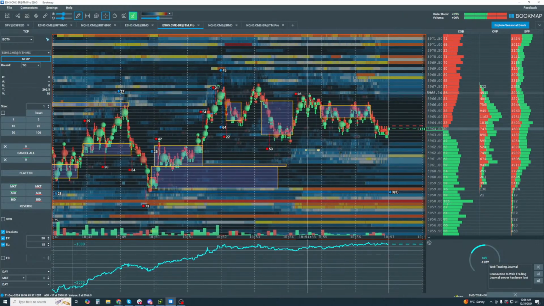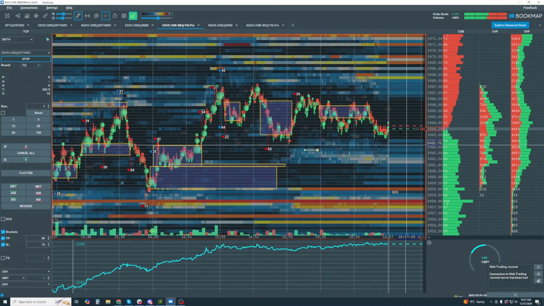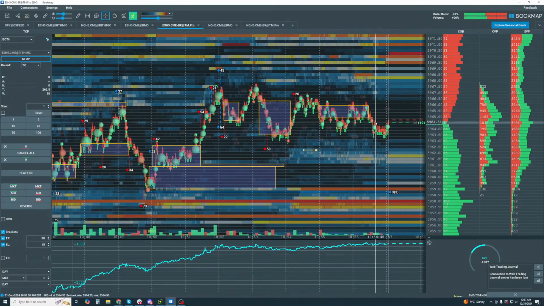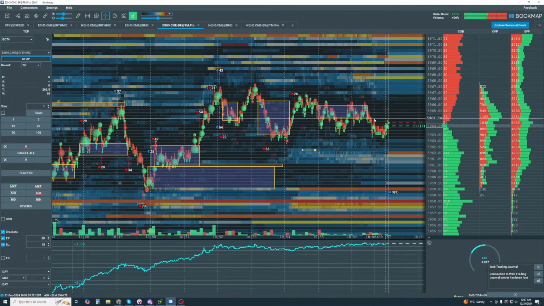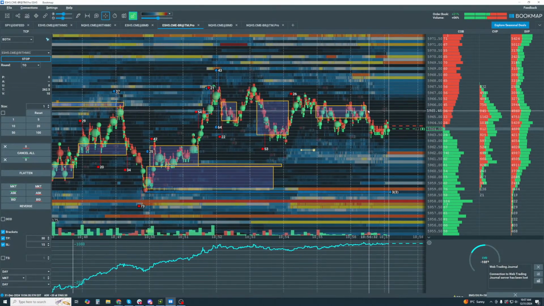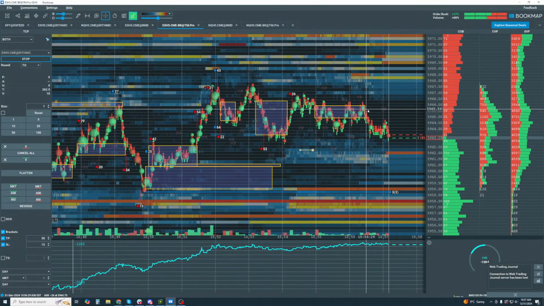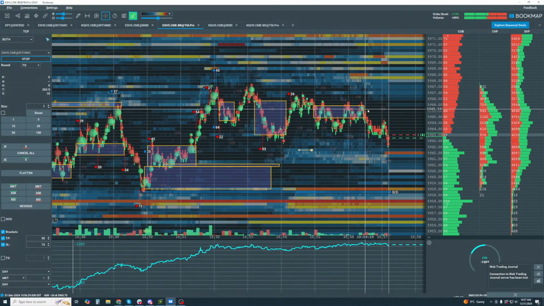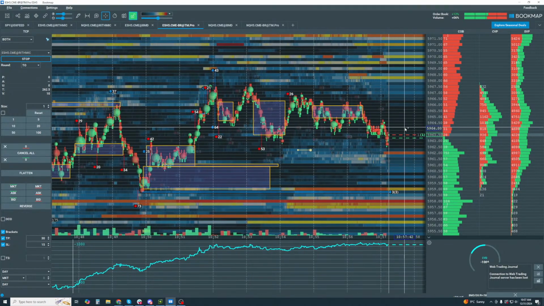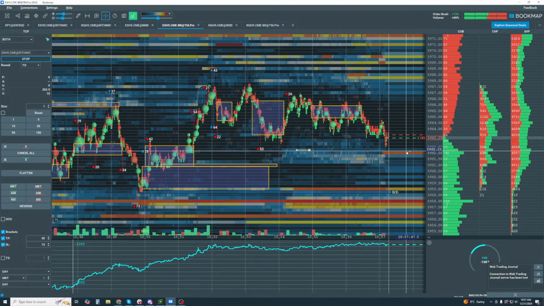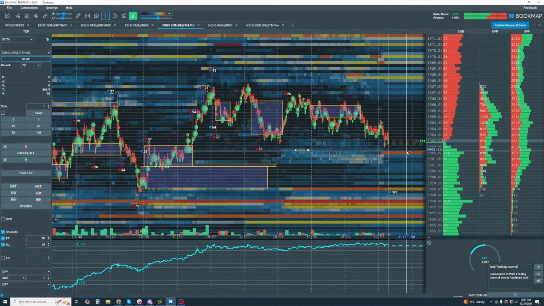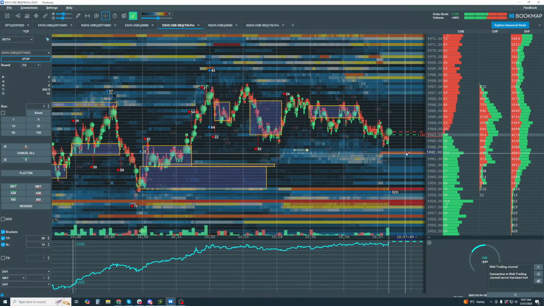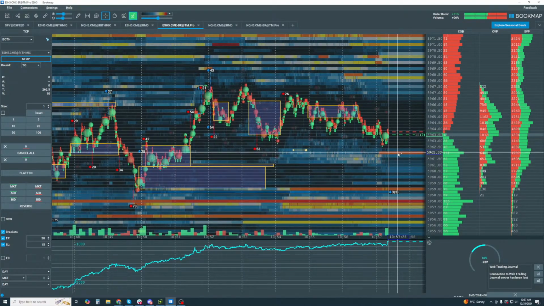Selling in this area here. High liquidity is down here though at 61 half. High liquidity 62.